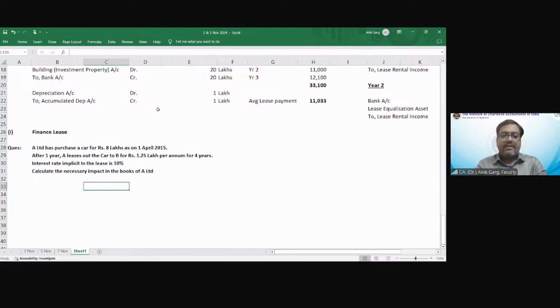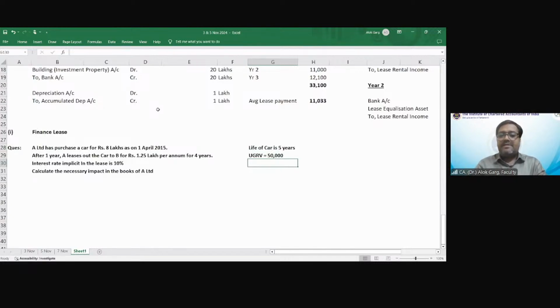Right? Interest rate implicit in the lease is 10%. Calculate the necessary impact in the books of A Limited. Okay. Some more information is given in this question. The life of car is given as 5 years and unguaranteed residual value is given as 50,000 rupees. These are the information which is given in the question.